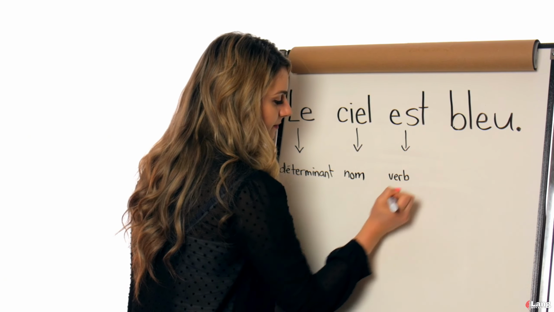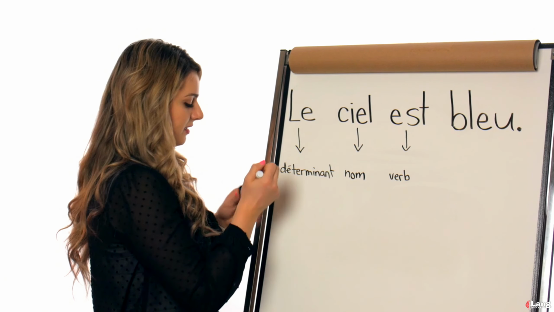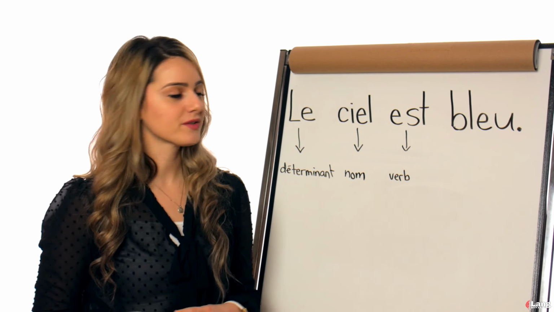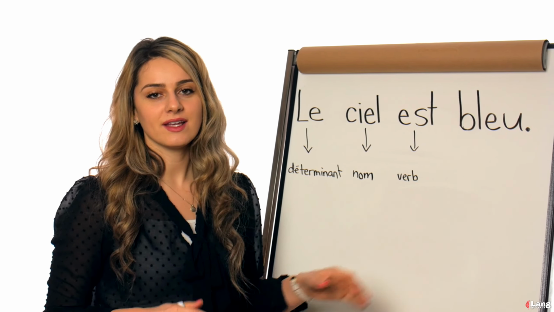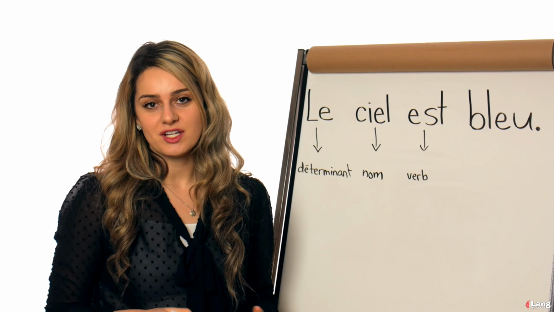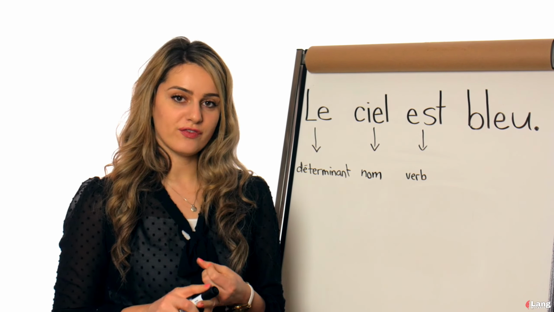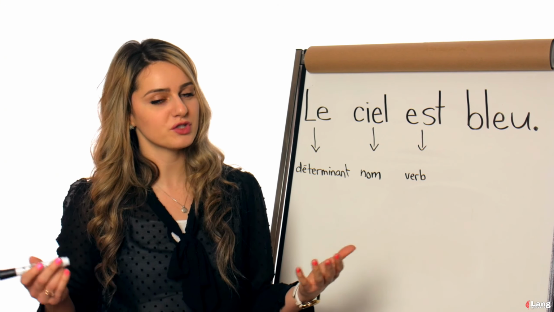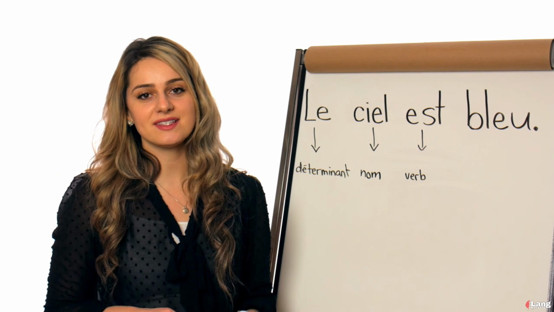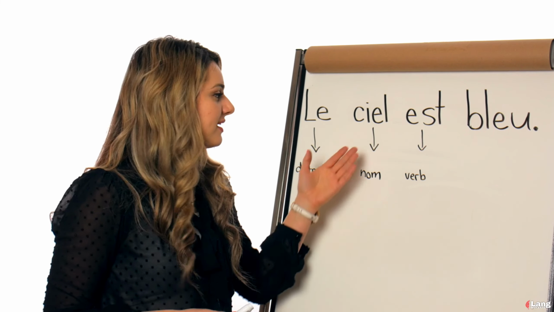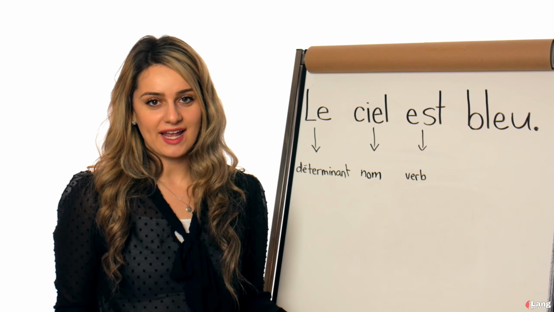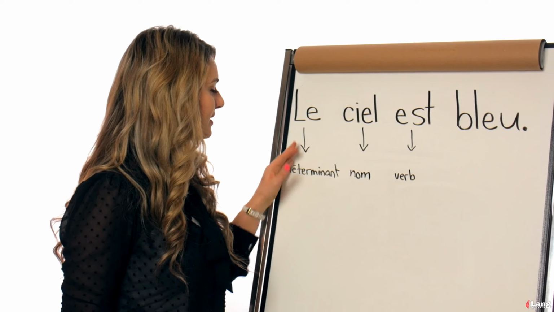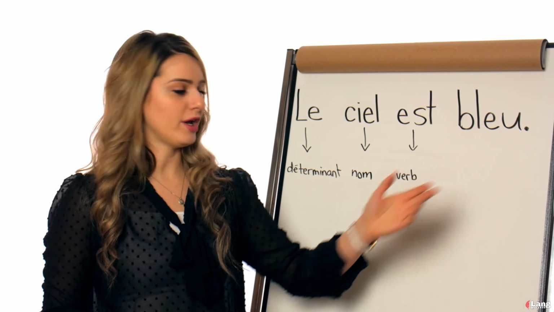Okay? Now, here's something that you will see all the time in French. Ciel, the noun, okay, the nom, always has a gender. So it's either masculin or féminin, which means the déterminant, which usually comes before it, has to be the same as well. Therefore, ciel is masculin, which means the déterminant has to be masculin. That's why we say le ciel est bleu.